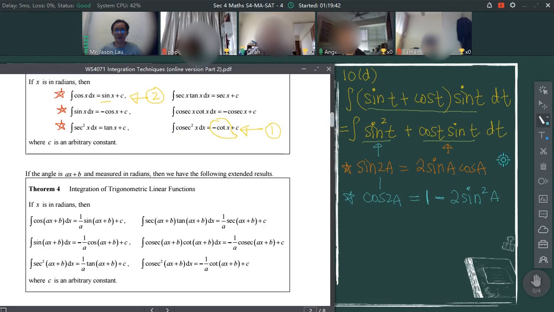Why? Because in our integration formula, you'll find that the formulas with the square terms only come from cosecant square and secant square. There are no formulas for sine square. So if there's no formula for sine square, then we need to switch it to other forms.